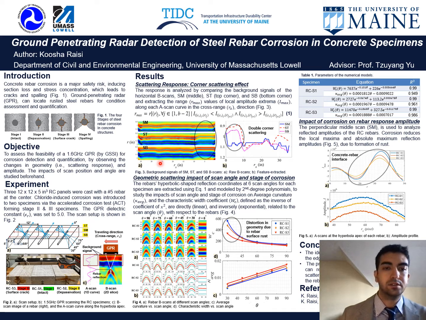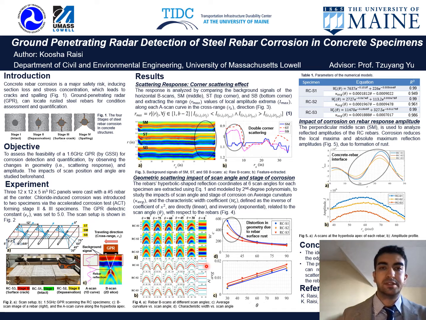As for the angles, as you can see, the hyperbolic shape becomes wider as the angle becomes smaller, and it reaches basically infinity when it reaches 0. This is true for all groups, for stage 1, stage 2, and stage 3.